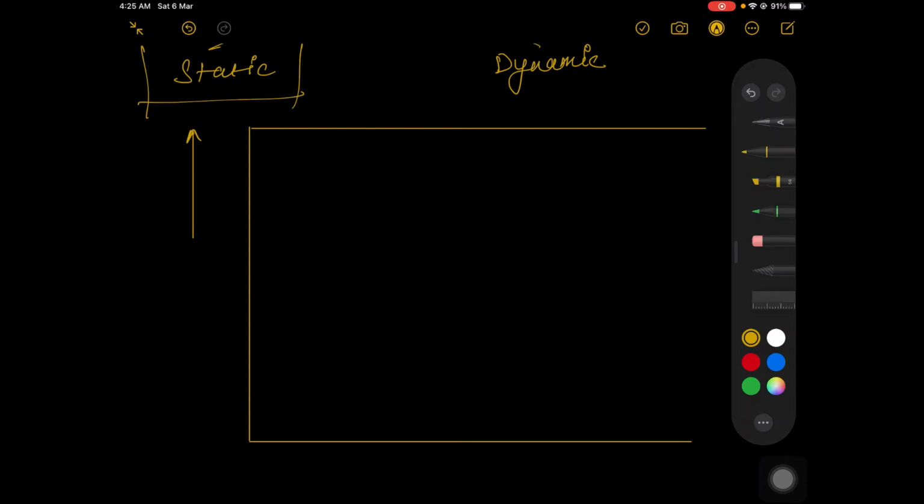We are talking about the adult male here, so all these volumes will be according to the adult male. The y-axis denotes the lung volume, whereas the x-axis denotes time.